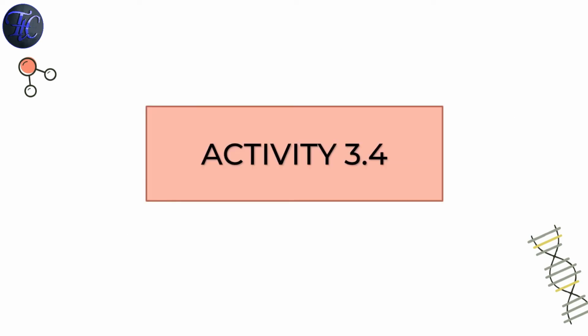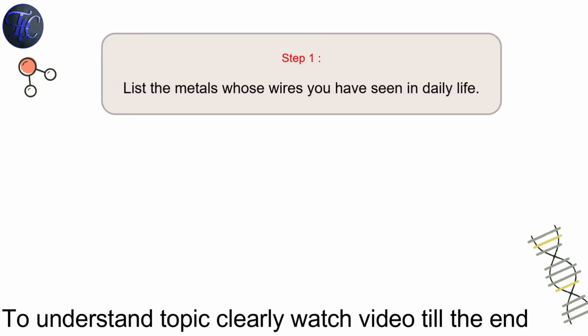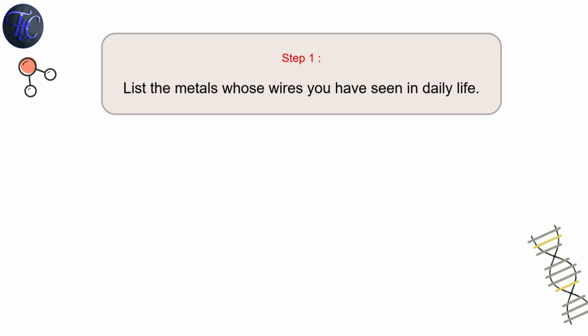Now activity 3.4, this is our third activity for this lesson. List the metals whose wires you have seen in daily life. For example, in electricity we use copper wire, we use iron wires in building our houses. We also know that there is aluminium wire by which we can tie things together, if you remember.